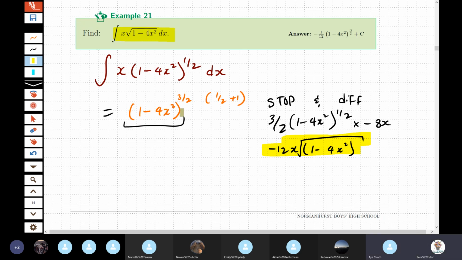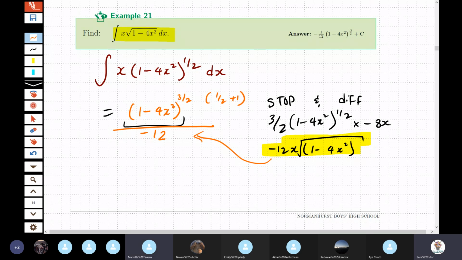No, because when you differentiate the orange bit, you still get an extra negative 12. So the orange bit's not complete. Now you go in, and after this step you write it over negative 12.